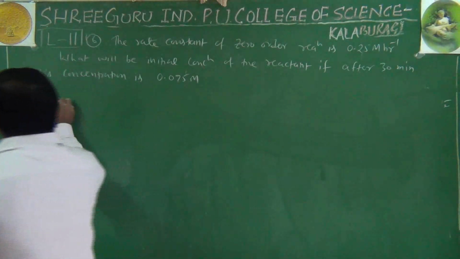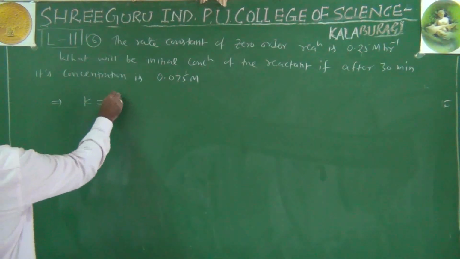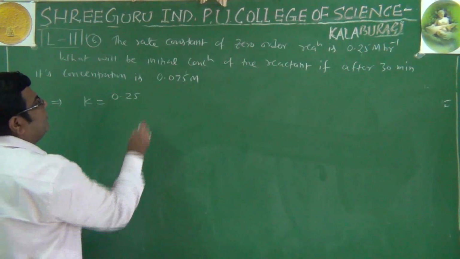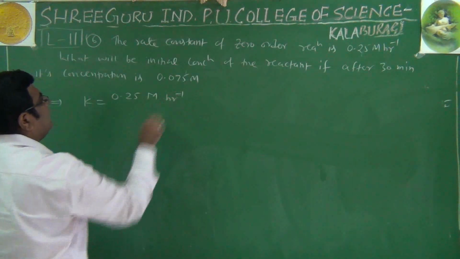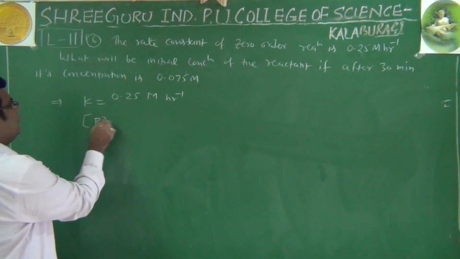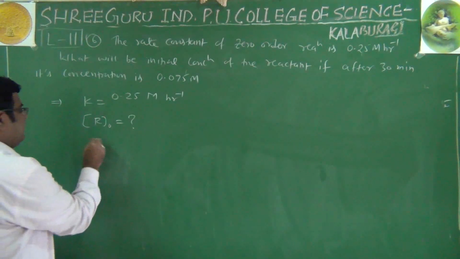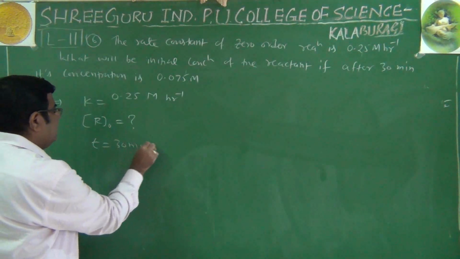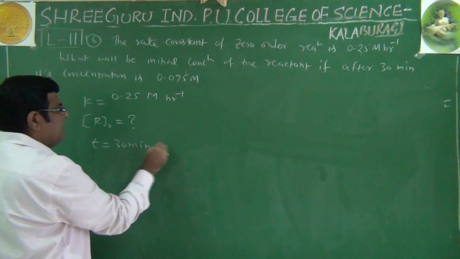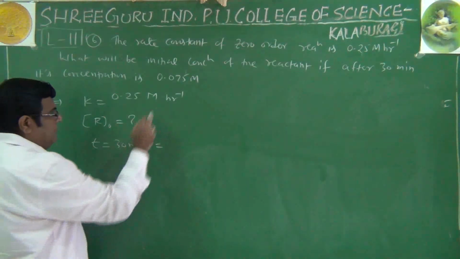So you can easily make out from this question that the rate constant K is given, which is 0.25 mole per liter per hour. What will be the initial concentration, means R0, they are asking. After 30 minutes means the time duration is given very clearly, but here K is in per hour and the time is given in minutes, so these minutes have to be converted into hours so that we have the same units.